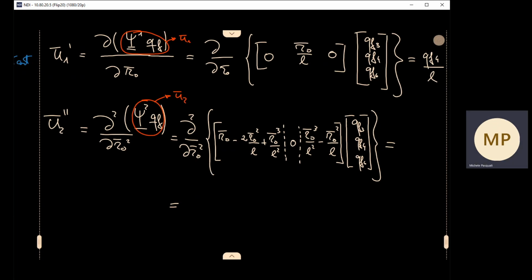Just to be clear, this is the second row of Psi.